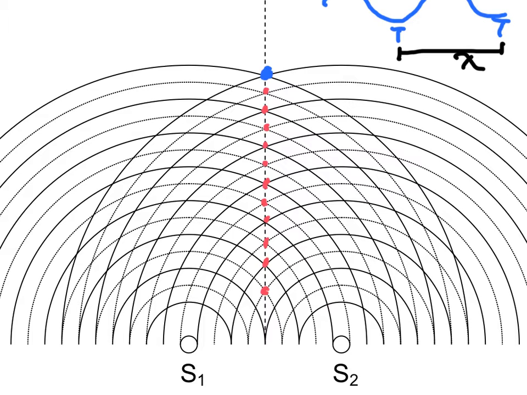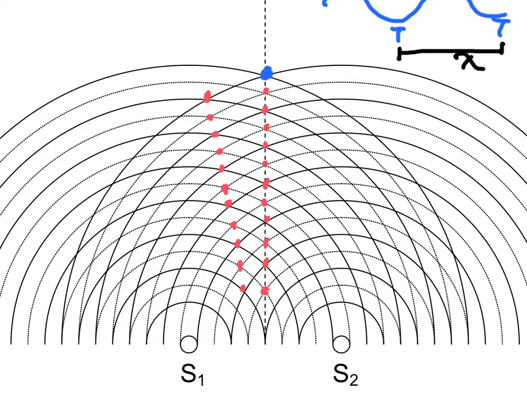But here's something else that you might find interesting. If you take a look, are those the only points right along this line where you see a crest meeting up with another crest, or a trough meeting up with another trough? Well, most of you can see that it isn't. If you look carefully, and again I'll show you this on the left side, it happens over here, here, here, and everywhere along this line as well.